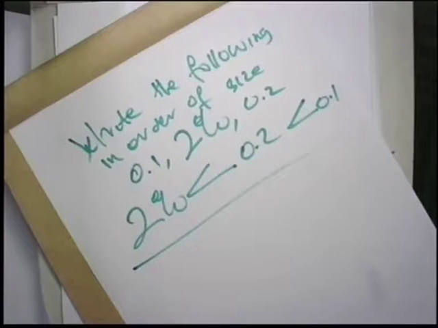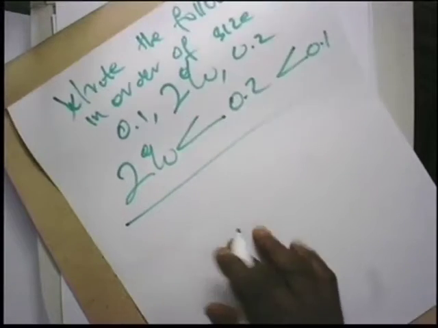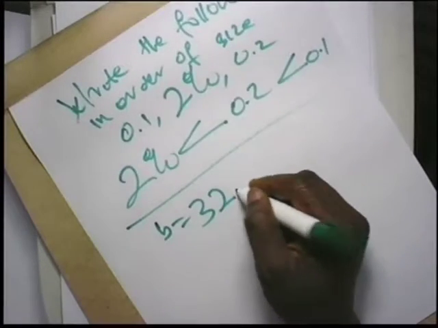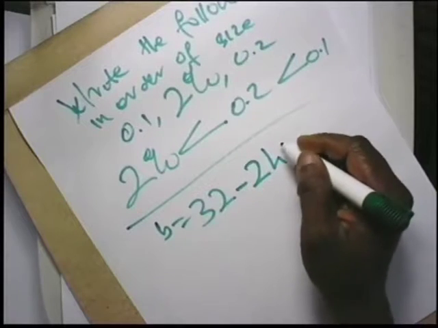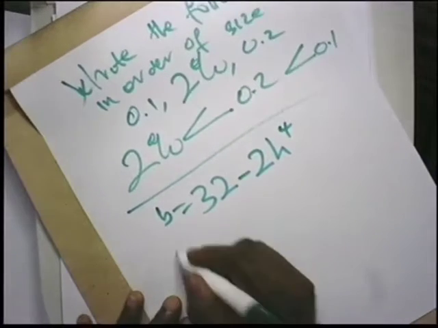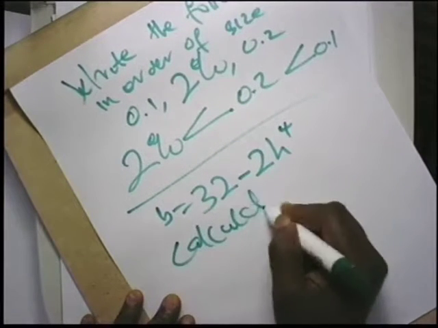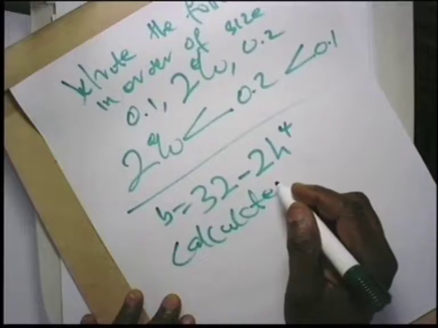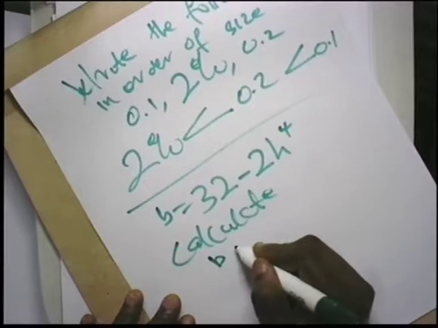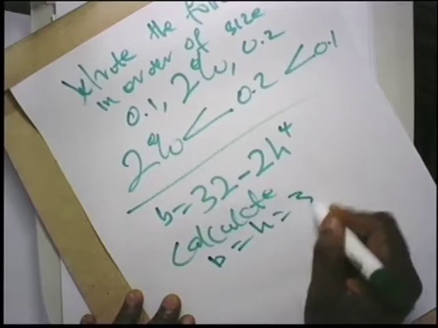Let's go further because of our limited time. Given that B equals 32 minus 2h raised to power 4, then calculate the value of B when h equals 3.